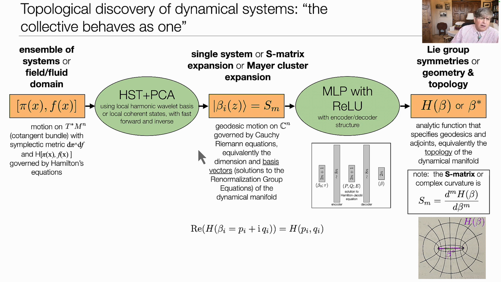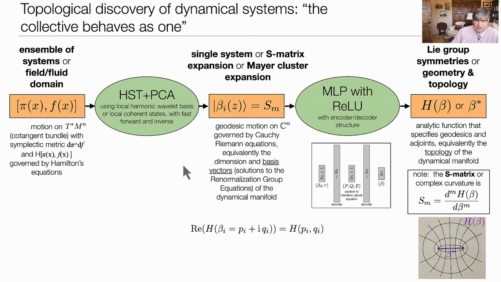And what we have done is to transform from motion on the cotangent bundle, governed by a Hamiltonian functional of the field and momentum, to what is now geodesic motion on a complex hyperplane governed by the Cauchy-Riemann equations rather than Hamilton's equations or the field equations.